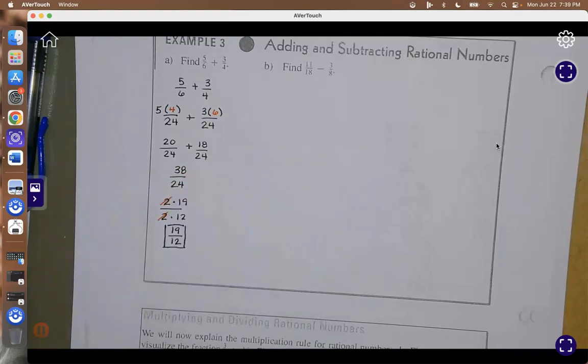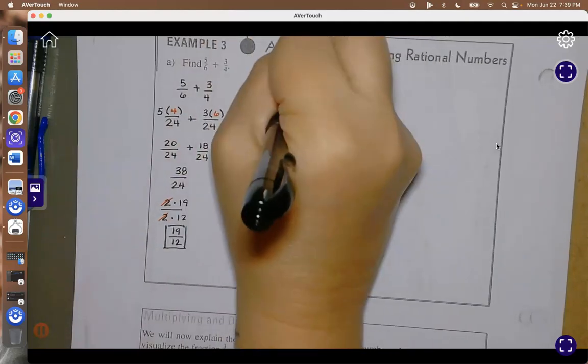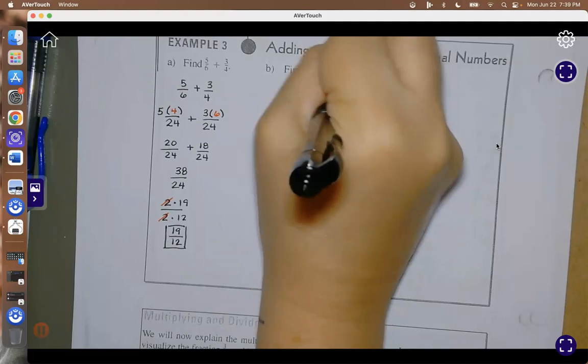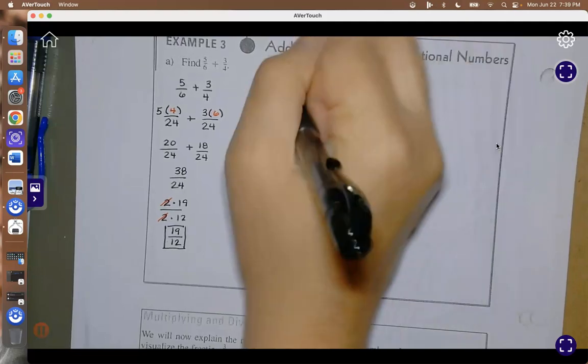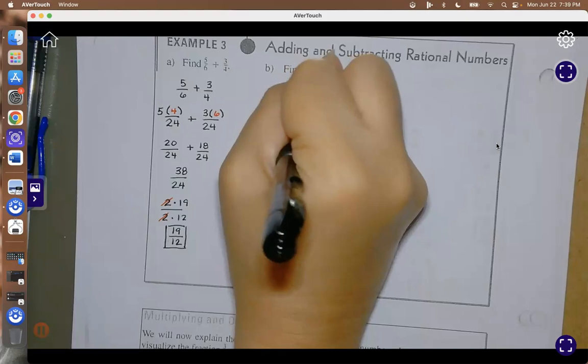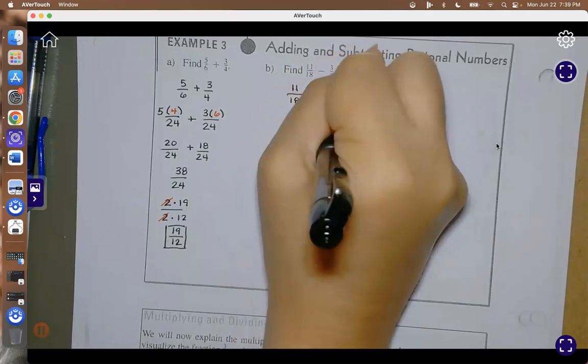Okay. Next, let's multiply 18 times 8, and that's 144. So 11/18 minus 3/8. So 18 times 8 is 144.